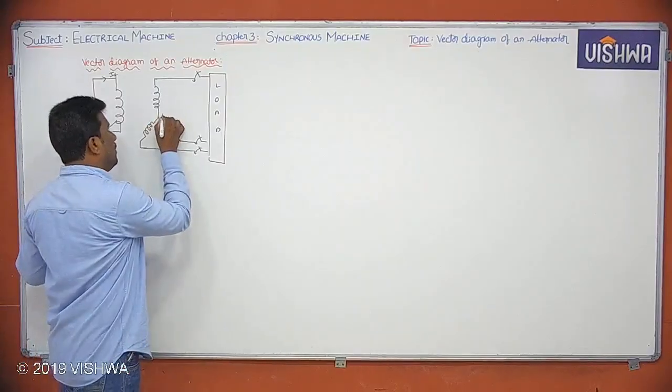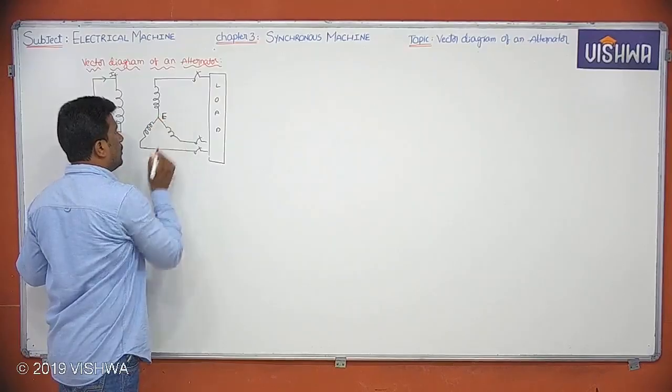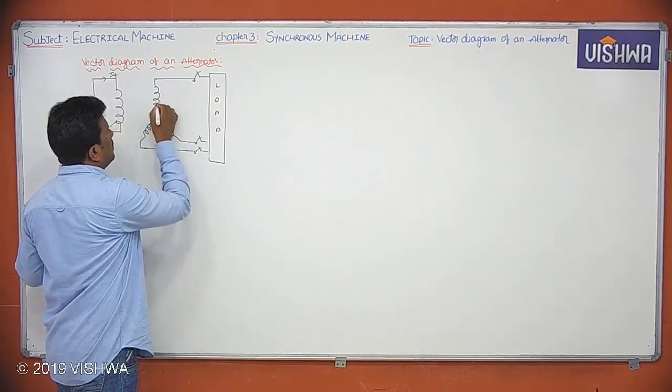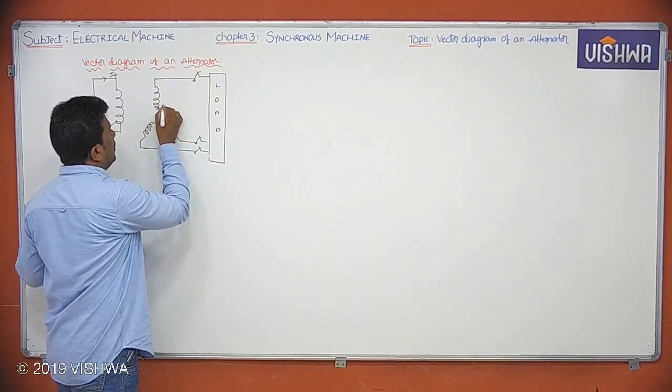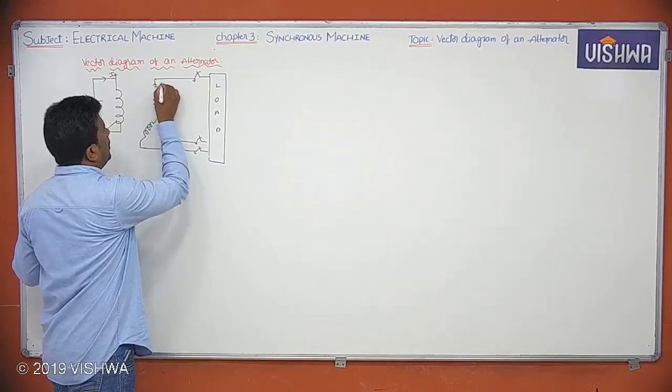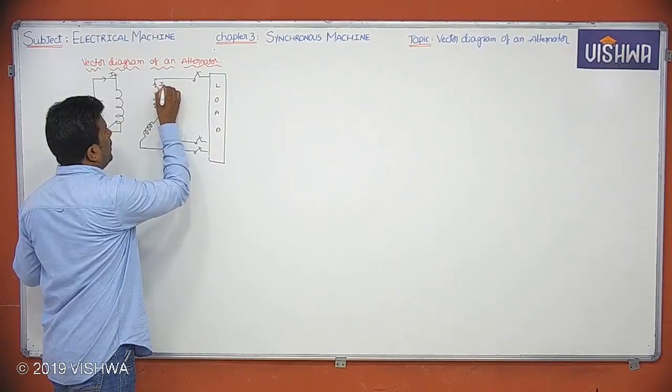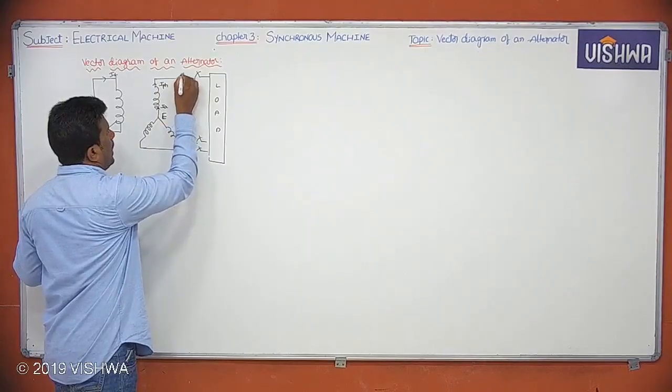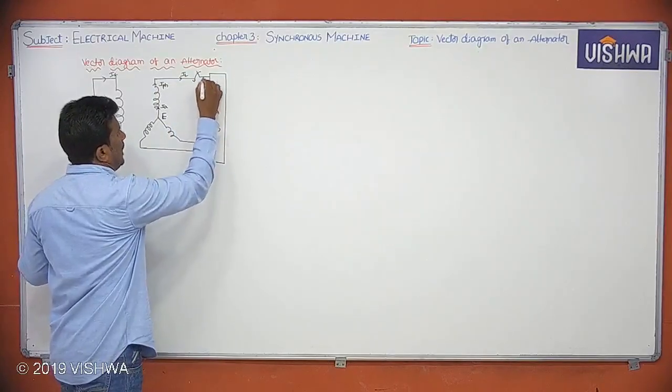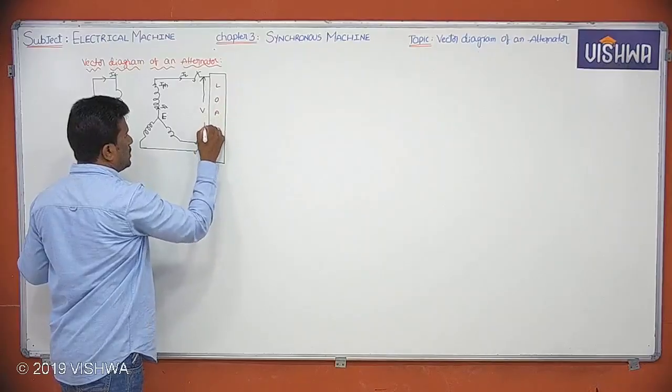Thereby, EMF will be induced here. From this, current IA is coming, and here I phase, I can say, is nothing but IL, and I can take this voltage as load voltage V.